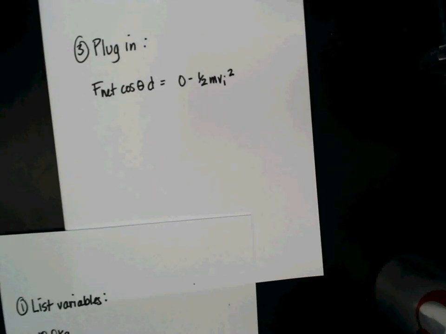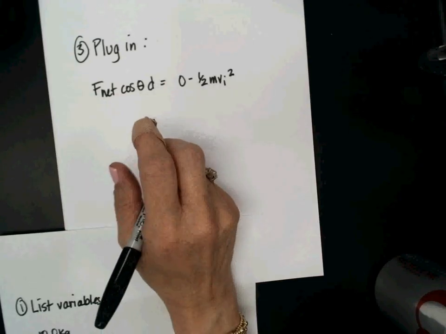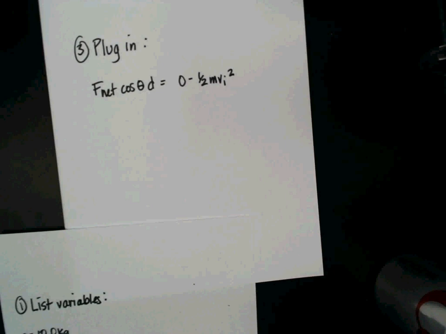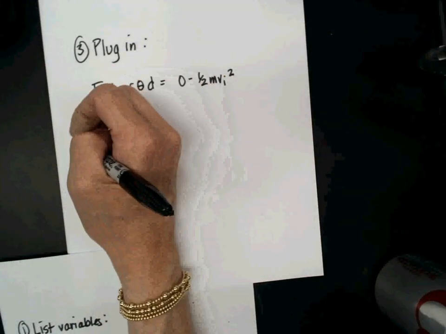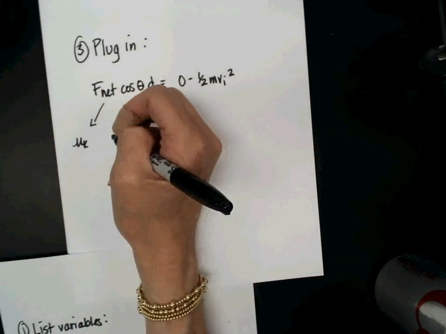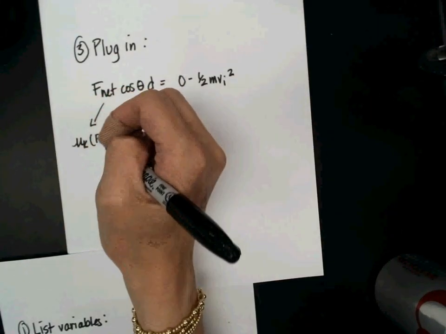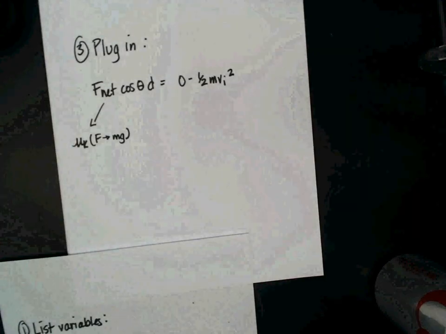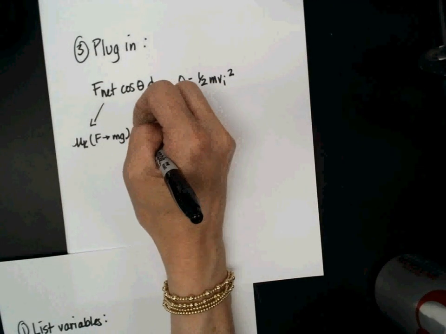Let's look at our W net. We have F net. We have to take into consideration, when I have F net and I have a coefficient of friction involved, this is what you're going to do. You're going to use mu K times your force, which in our case here, our force has to be mg because that's all we're given in the problem, times my distance, times my cosine.